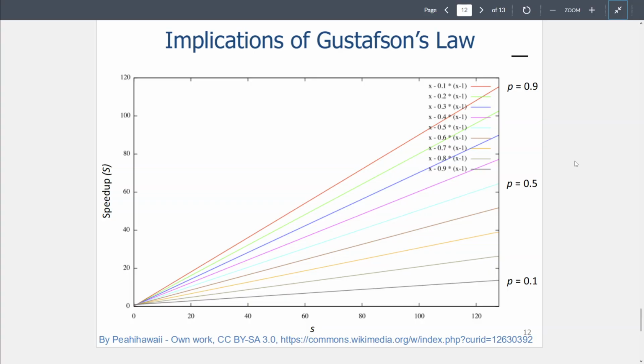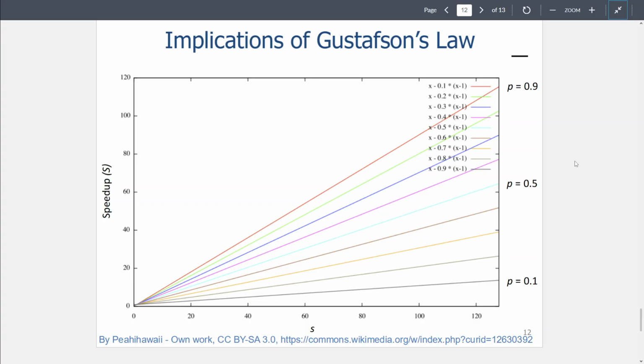It never plateaus, it never flattens out. It says the speed up is boundless. If I have a bigger parallel section, then the speed up grows faster. And if I have a smaller parallel section, the speed up grows slower, as we see down here, but it never tops out. It never reaches that plateau like it does under Amdahl's law.